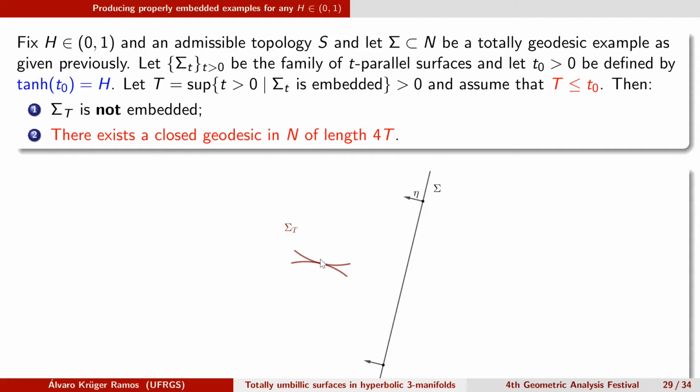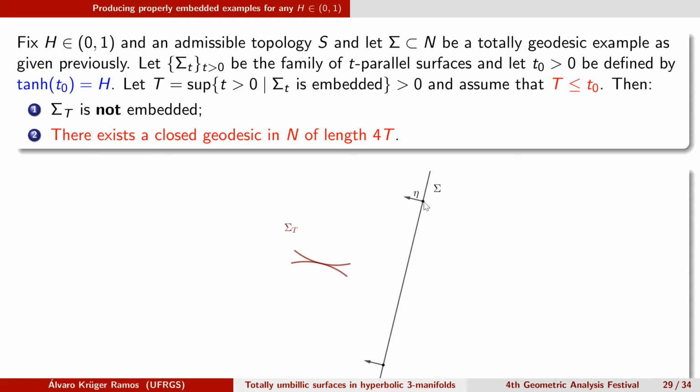So we have a first point of contact. And this contact has to be tangential, and this is really important. So this point comes from the normal map over a certain point in sigma, and this other point comes from a different point in sigma.